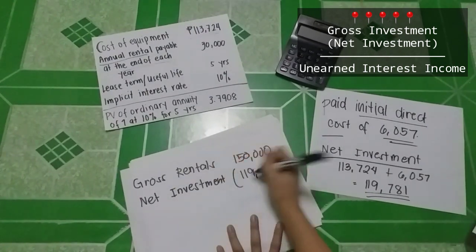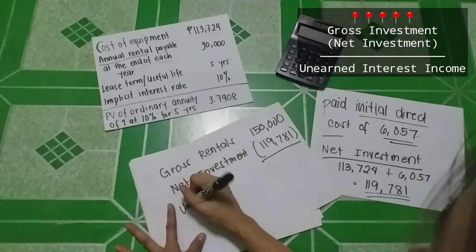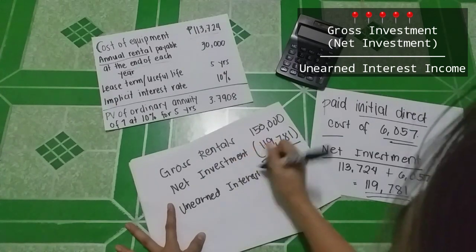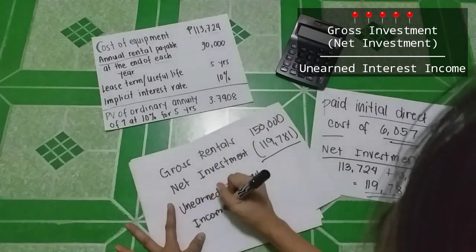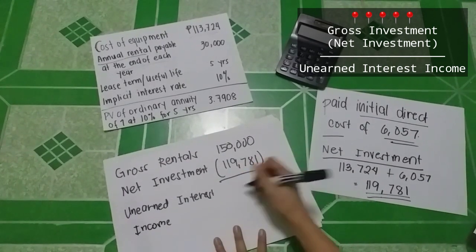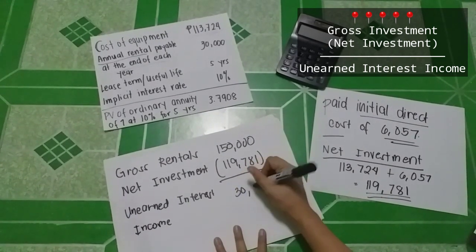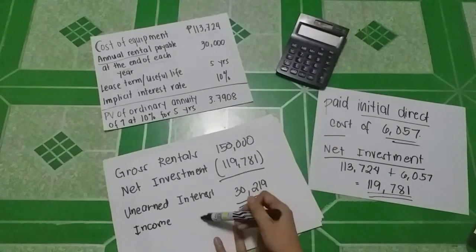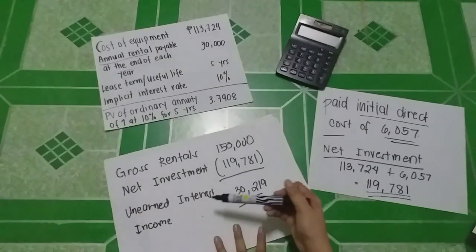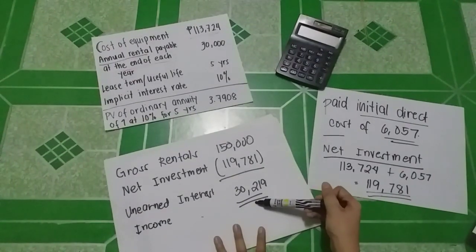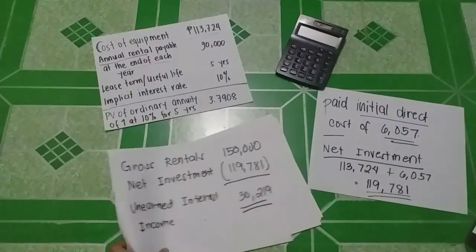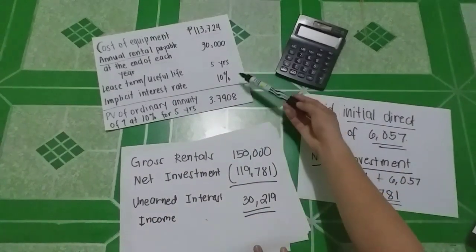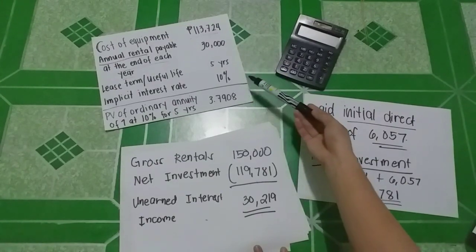The difference between these two will be equal to the unearned interest income, which is equal to 30,219. So this increase in net investment will result in a deduction of the unearned interest income. So that means that the initial direct cost will also result in a reduction of the implicit interest rate.